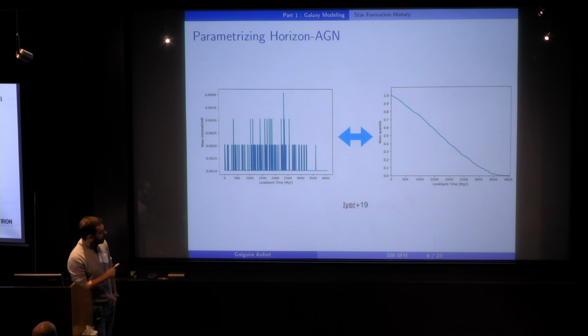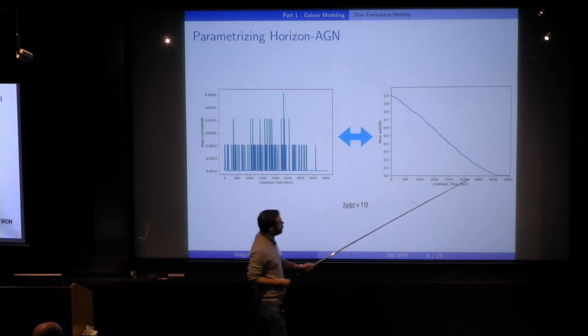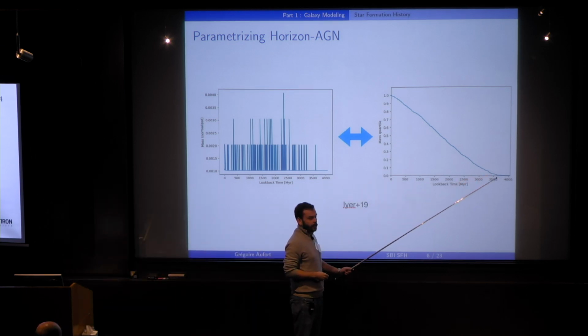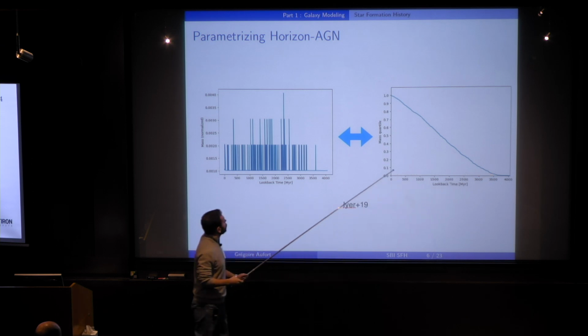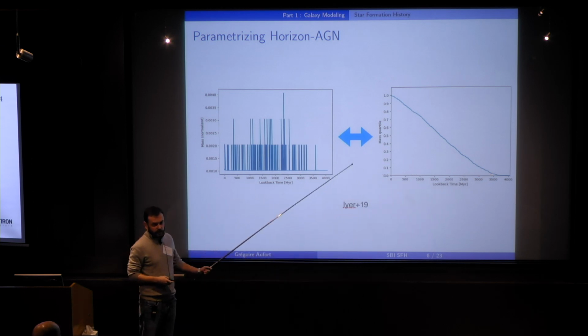But fortunately, Kartheik had a great idea in 2019, which is to not look directly at the SFH, but at the cumulative distribution of mass. So you look at the time at which a given mass quantile has been formed, and this is a lot nicer. You can go from one to the other. If you know one, you know exactly the other.